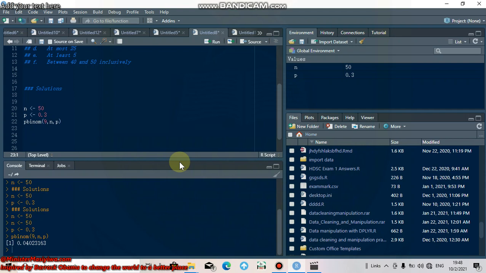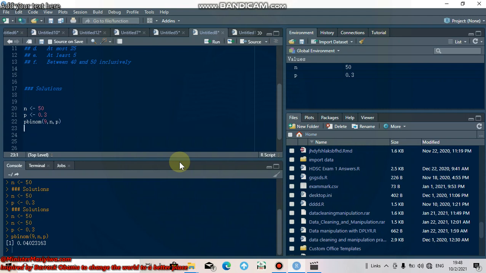Then secondly, I want to use another code. Let's look again at the function called dbinom. dbinom is going to generate the probability of a specific number, right? The probability that, let's say, x is equal to 0, that's a specific number.